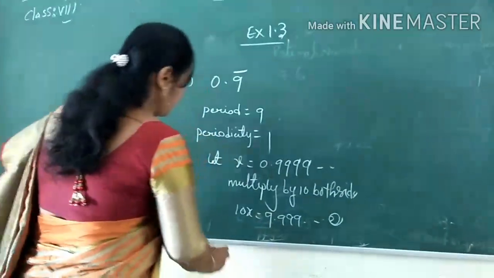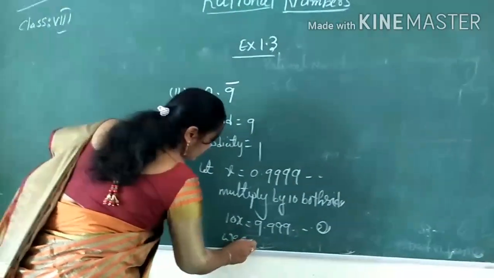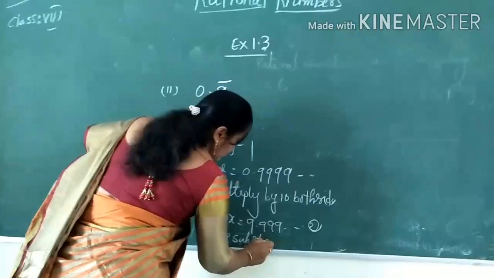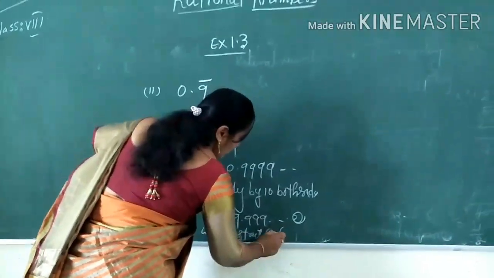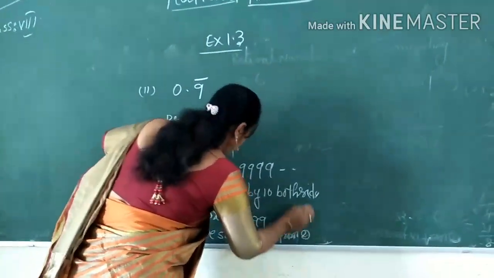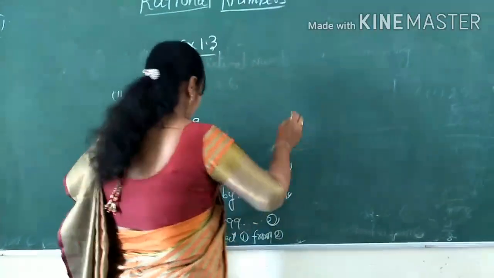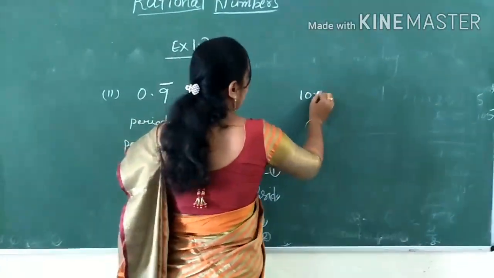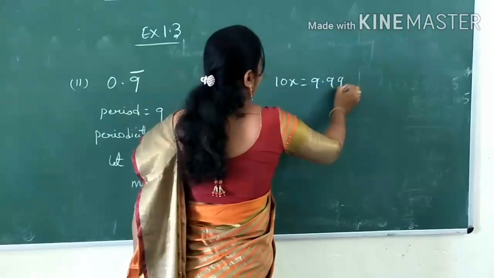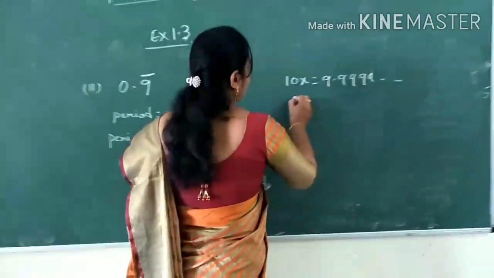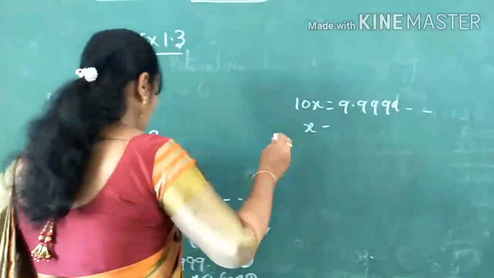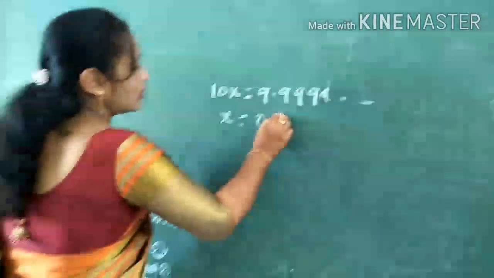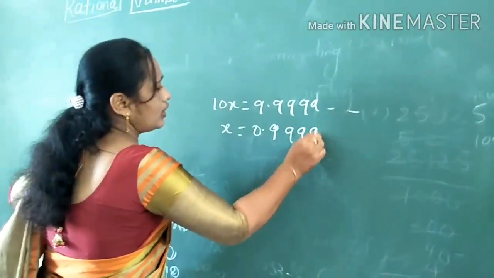Now we subtract the first from the second. 10x equals 9.9999 and so on, and x equals 0.9999 and so on.